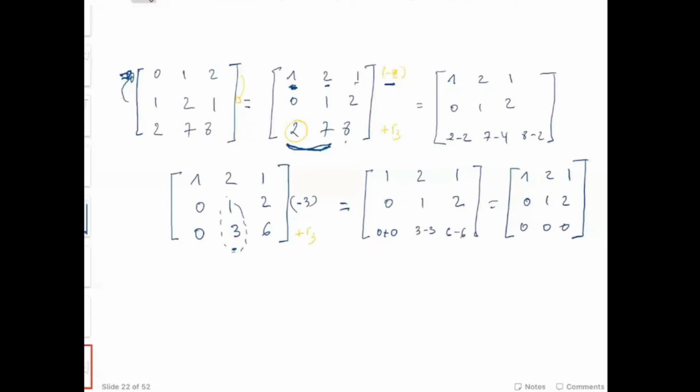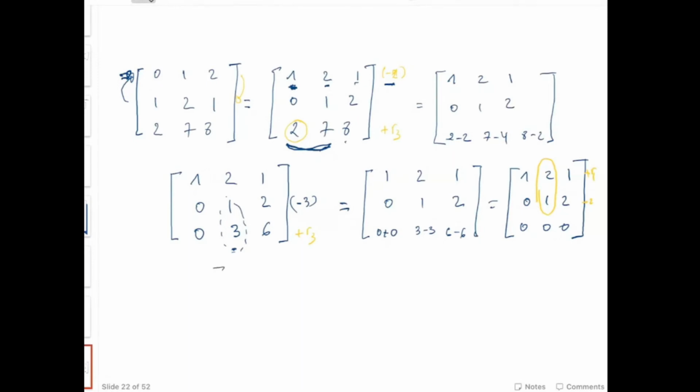If we want to go for the reduced echelon form, that means the leading entry 1 of the second row should be the only non-zero element of that column. We can multiply the second row by -2 and then add it to the first row.